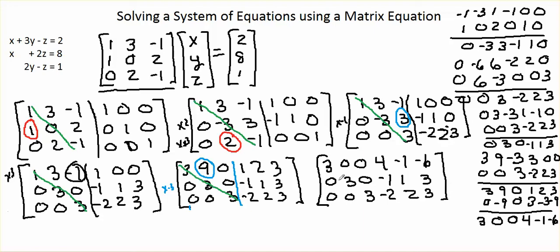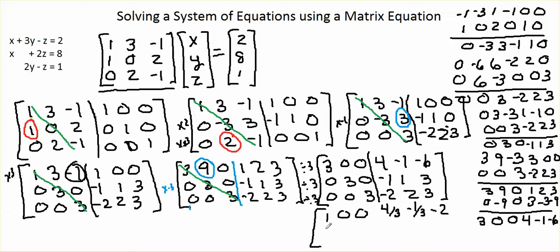All right, we have one last step. We need to divide each one of these rows by a 3, so that we end up with the identity matrix on the left-hand side of this matrix. When we divide everything by a 3, we get the matrix 1, 0, 0, 4/3, -1/3, and a -2.